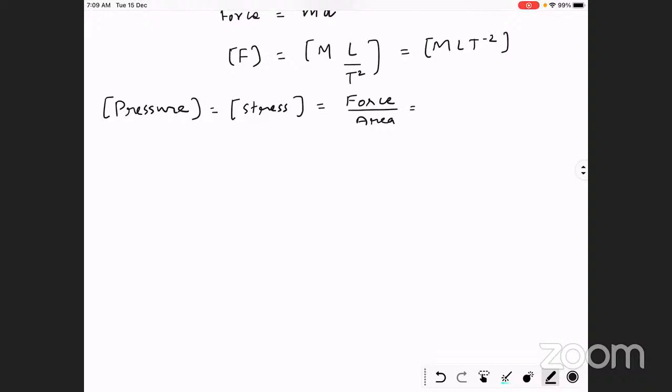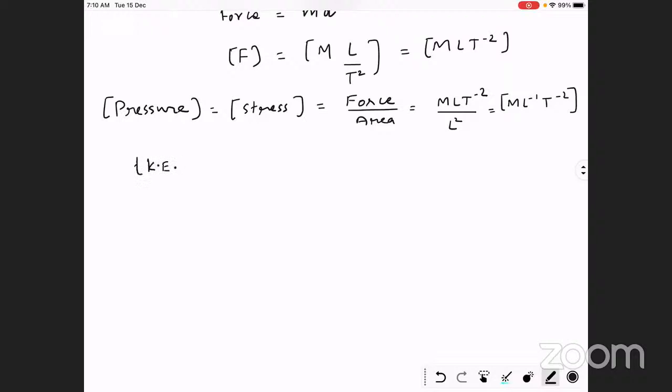But when force is perpendicular to any particular area of cross section, it is known as stress. There are 3 types of stress, I believe you know. पता है ना तुम लोगों को? There are three types of stress. Dimensional formula of force is M L T minus 2 and dimensional formula of area is L square. So you can write it M L minus 1 T minus 2. This is dimensional formula of pressure. Okay. Pressure and stress have same dimensional formula.